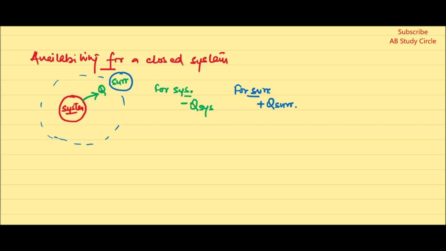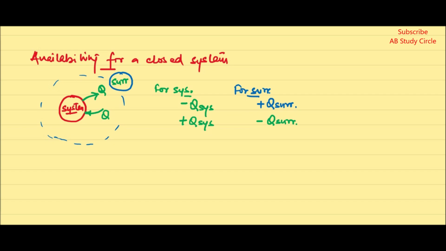Now if the system is getting some heat Q, for the system it will be positive because it is absorbing that heat, and for the surrounding, as it is rejecting that heat to the system, it will be minus Q surrounding.